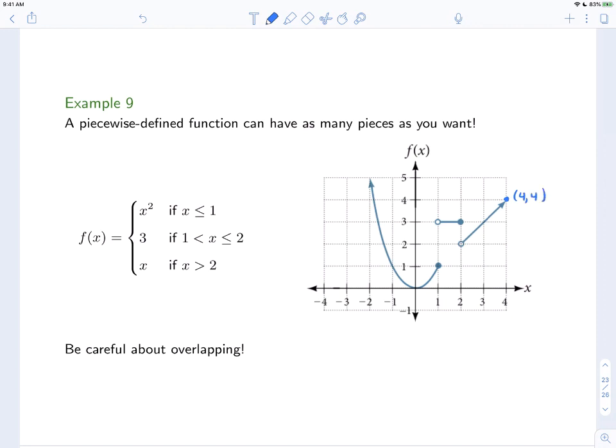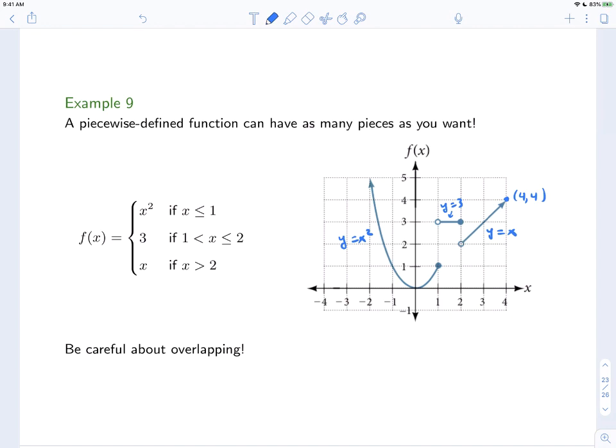So if you pick any x bigger than 2, then you're just going to get the y value is the same as the x, because this is y equals x here. And this is y equals x squared here. And this is just y equals 3 right there.